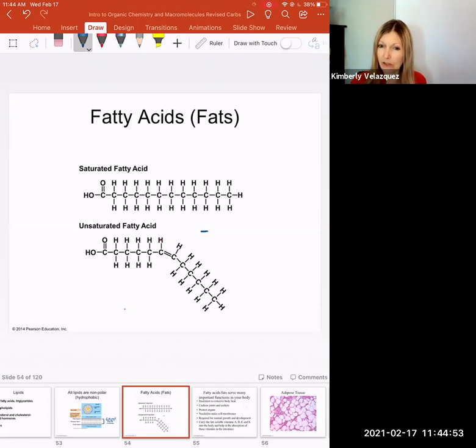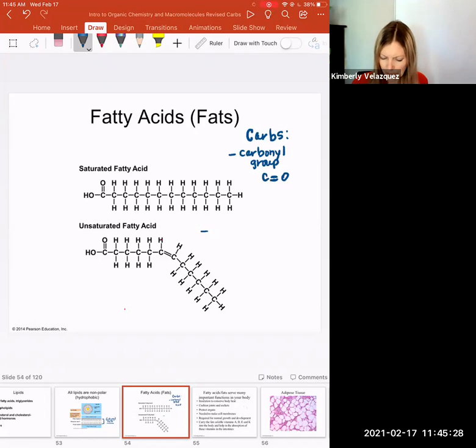Let's look at the structural difference, but first, I want to point out the differences between lipids and carbohydrates in basic structure, because you do need to be able to visually recognize fatty acids or lipids just the same as you do carbohydrates. So just a quick reminder that the carbohydrates, and I'm just going to write carbs for short, the way you recognize those as being carbohydrates is first, they had a carbonyl group, which remember was the carbon double bonded to an oxygen.